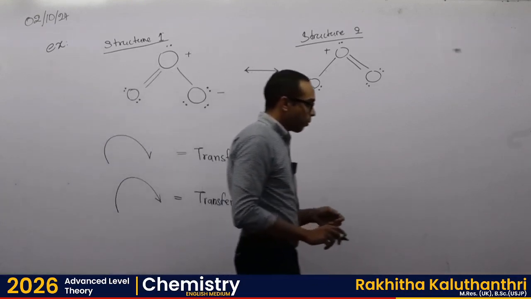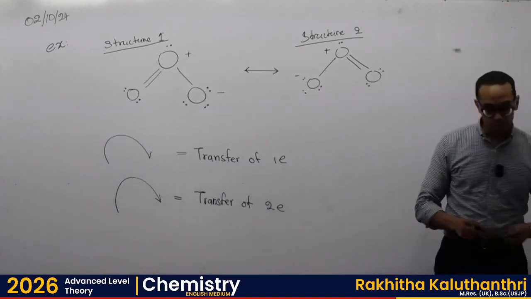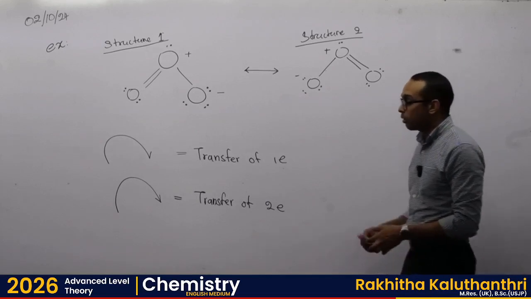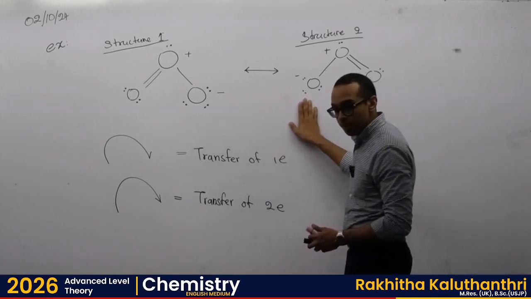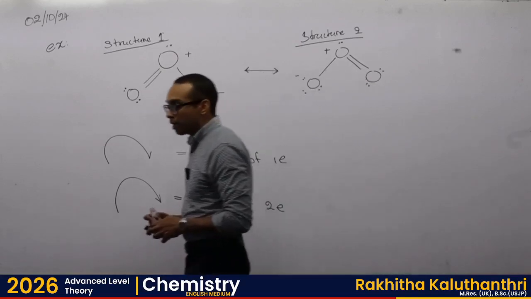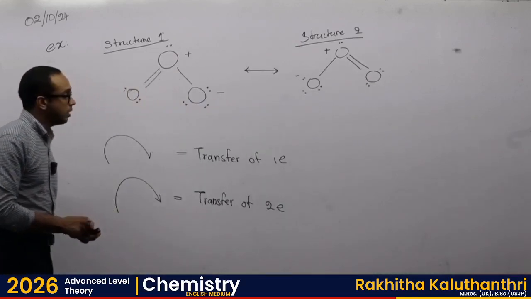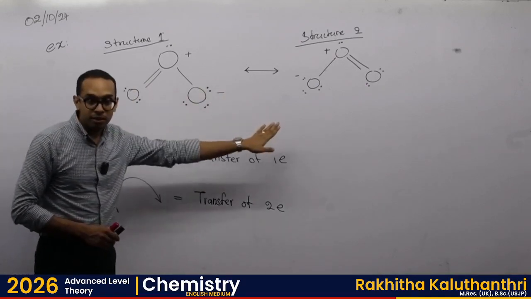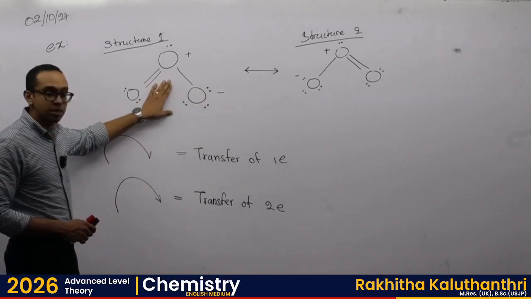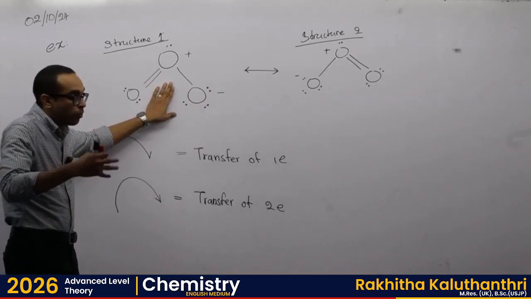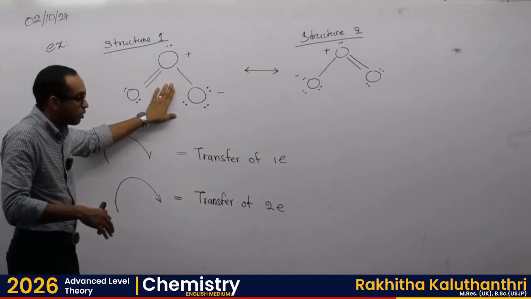So students, although I didn't initially tell you, when you are drawing resonance structures, we normally indicate how the electrons are getting transferred when we change from one form to the other. Imagine you drew this form and you want to show what other forms can be drawn for the same structure.